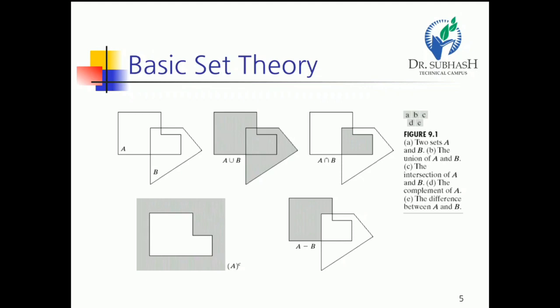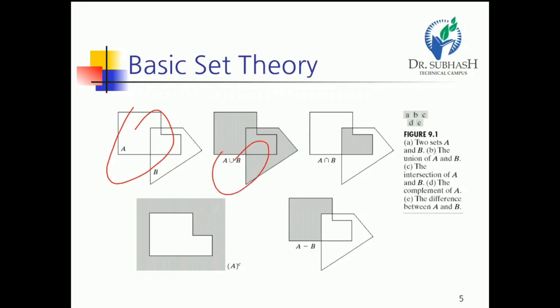So in these theorems we have to use 5 different figures, right? Figure A indicates the two sets A and B. This is figure A, and we have to indicate the two sets A and B. And figure B is the union of A and B, right?